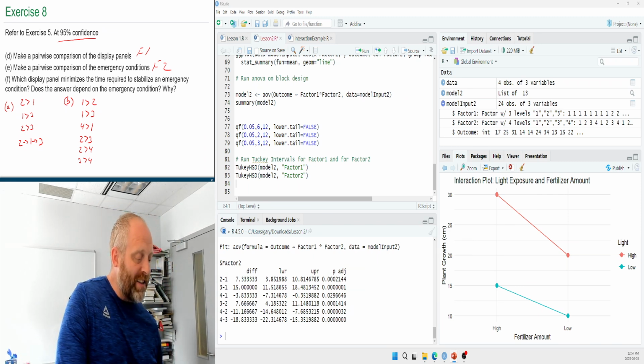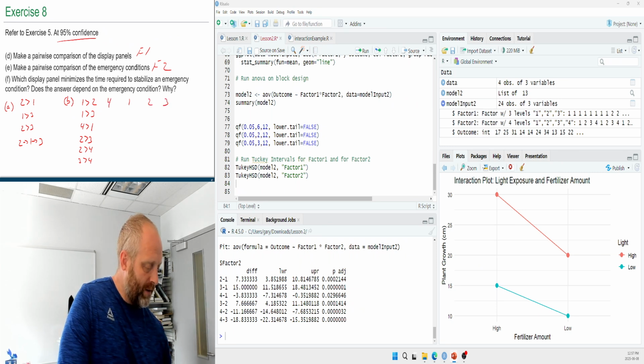All right, so 1 is better than 2, 1 is better than 3. 4 is better than 1. 2 is better than 3. Okay, that's how I already have it lined up here. One second here.